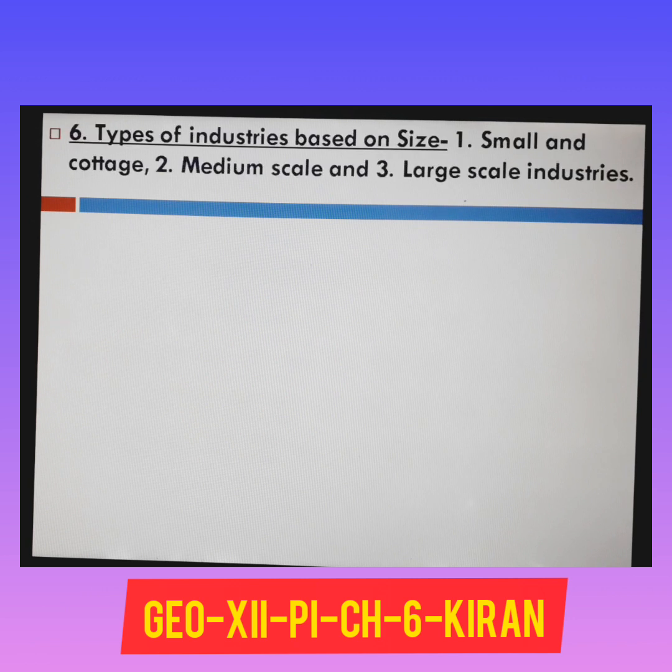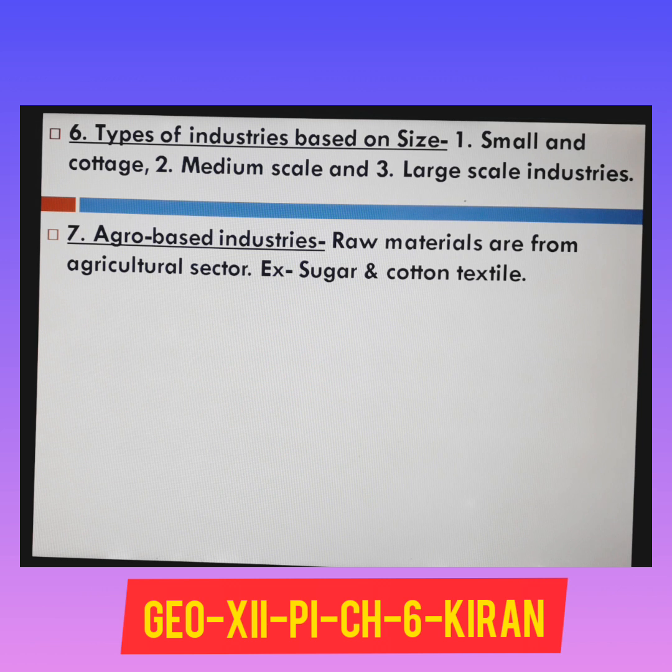Sixth, types of industries based on size, small and cottage industries, medium scale and large scale industries. Agro-based industries, raw materials are from agriculture sector, example sugar and cotton textile industries.